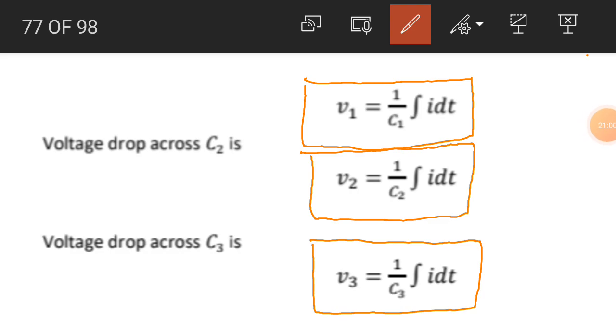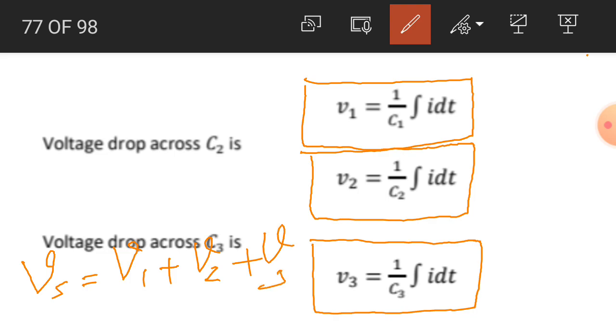We put the values of V1, V2 and V3 in this particular equation. You know that the voltage across the source is equal to V1 plus V2 plus V3.